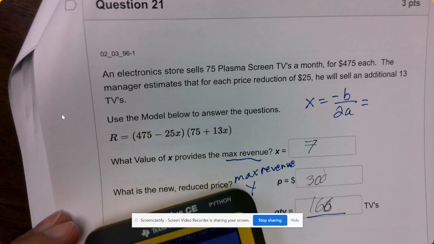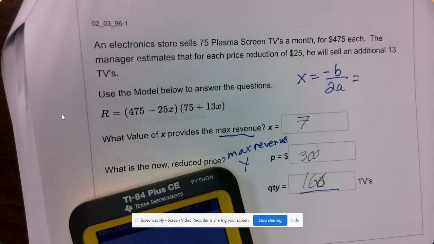Okay, so we're going to plug all this in. So we can also graph it. You can also use decimals on this one, definitely.